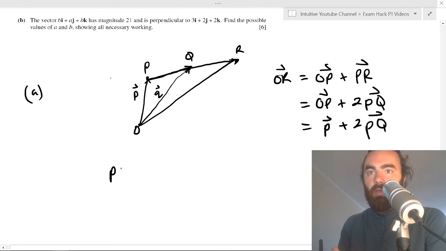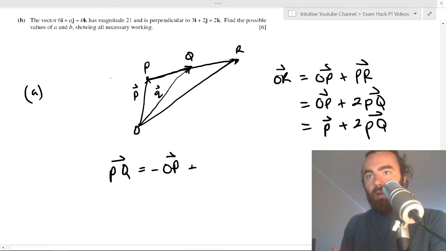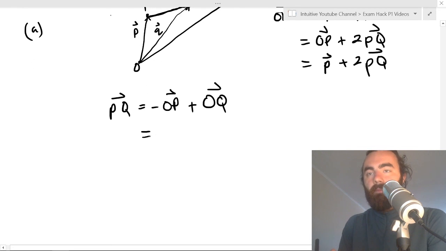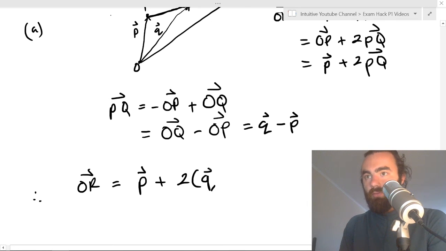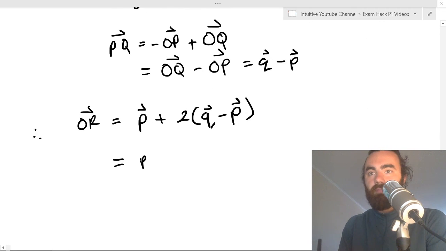Then PQ, if we look at the diagram, is equal to minus PO plus OQ, which is minus OP plus OQ, which is OQ minus OP, which in terms of P and Q is simply Q minus P. So therefore our OR is equal to P from here plus 2 times Q minus P. So that gives us P plus 2Q minus 2P.